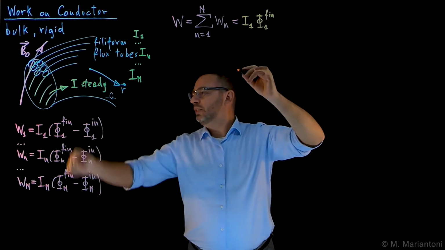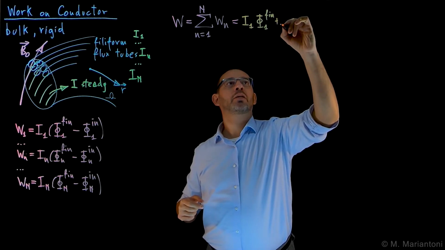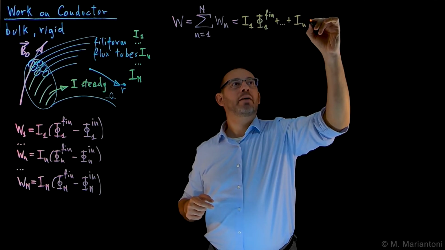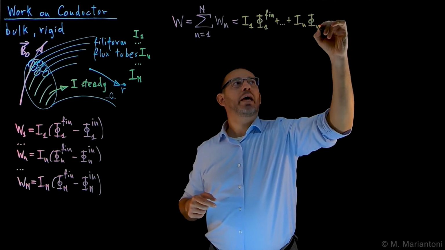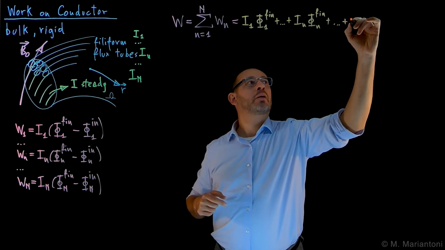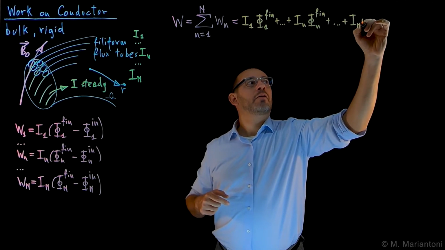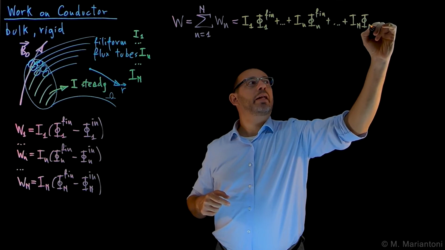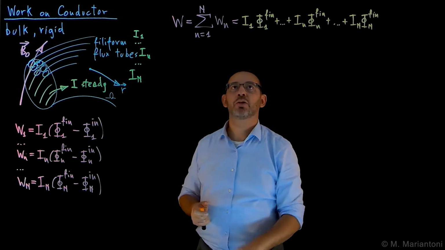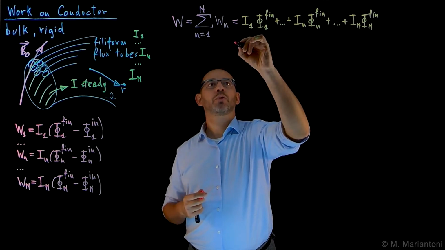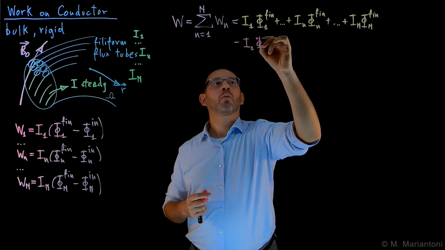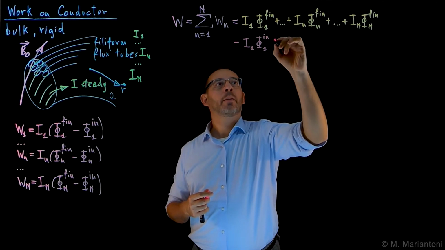So let's begin with all these final ones: plus dot dot dot plus I small n phi small n final plus dot dot dot plus I capital N phi capital N final. From this, I need to subtract the other contribution, which is minus I1 phi 1 initial, and let's put this in parentheses.